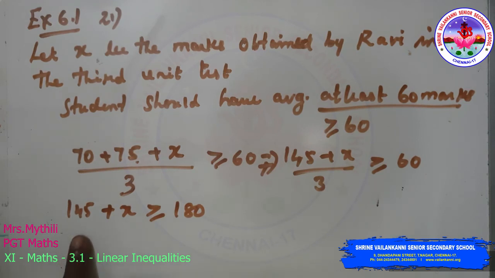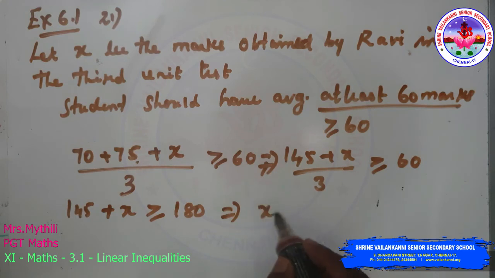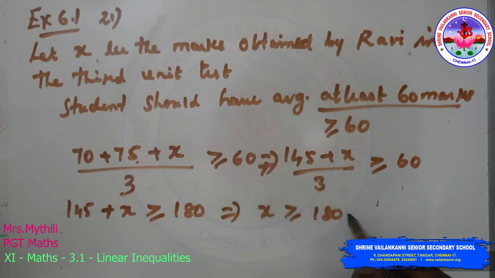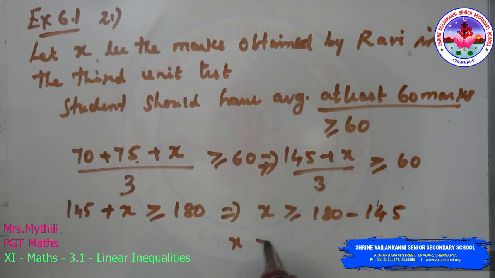Now subtracting 145 on both the sides, we get x greater than or equal to 180 minus 145. So x is greater than or equal to 35. Hence the student must obtain a minimum of 35 marks. So minimum of 35 marks to have an average of at least 60 marks.